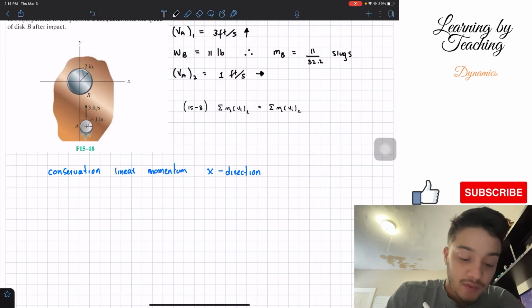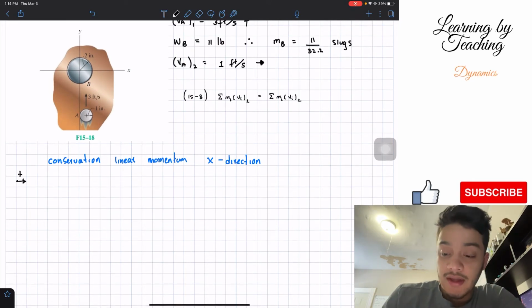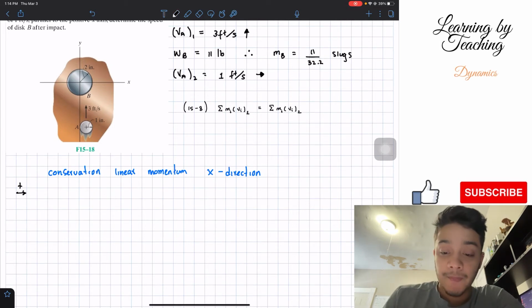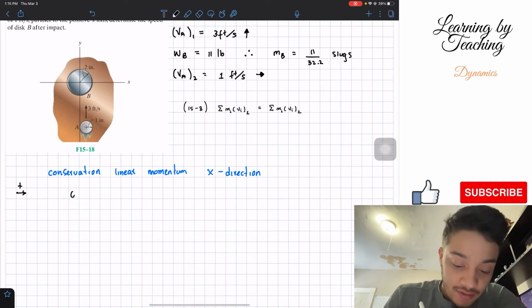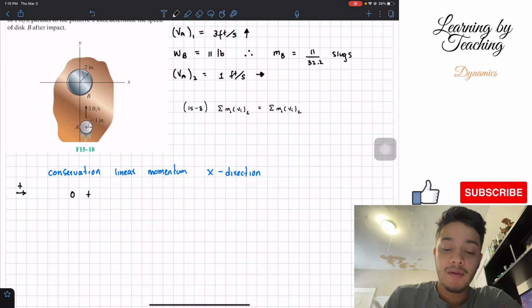I'm going to assume that going to the right is positive, and we're going to add all the masses times their velocities in the initial state. So in the initial state, in the x direction, let's start with A. A is going up, meaning that it has nothing in the x direction. So we have zero velocity, plus, well, disc B is at rest, meaning no velocity at all.